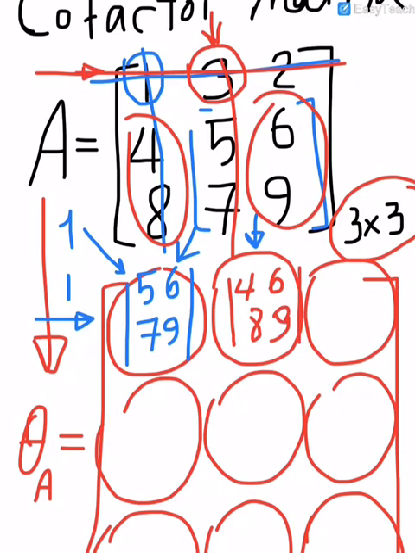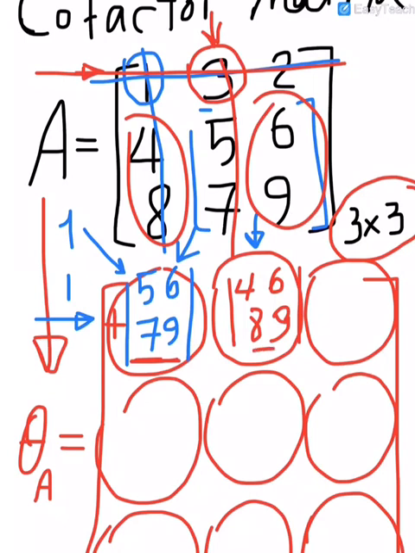Now, what we can do in here, you need to be careful. You need to sum the row and column. For example, for this element, first row and the first column, 1 plus 1, 2. 2 is an even number, so you put a plus.